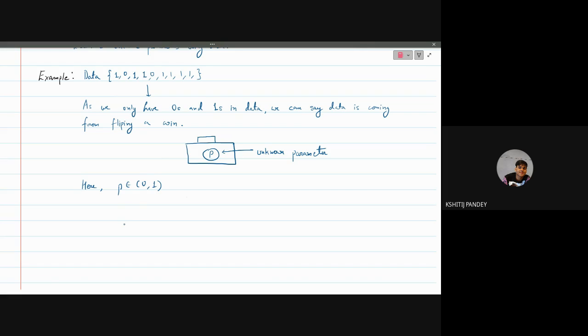So for finding that, we have a few assumptions. The first assumption is of independence.